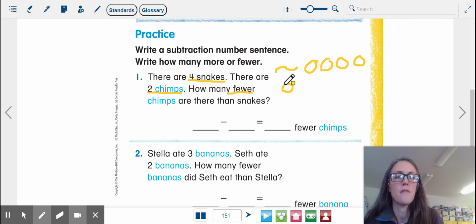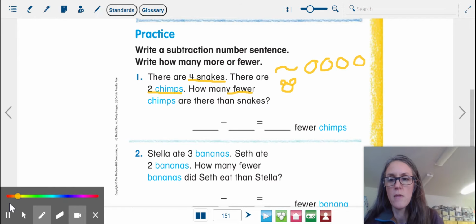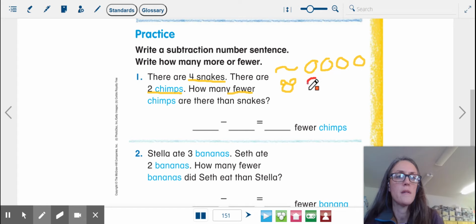I'm just going to draw a little face with some monkey ears. And there are 2 chimps. Let's use a different color. 1, 2. Okay. The question is, how many fewer chimps are there than snakes?